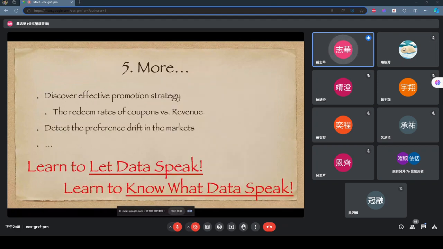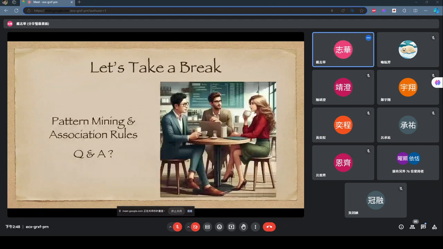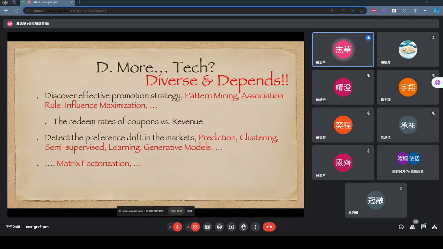Okay, and actually, in addition to the three categories, there are still a lot of advanced topics in the data mining domain, like influence maximization or influence minimization, semi-supervised learning. Semi-supervised is a mining task that bridges clustering and classification.